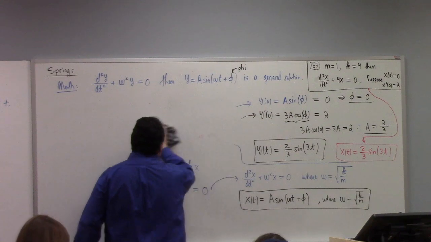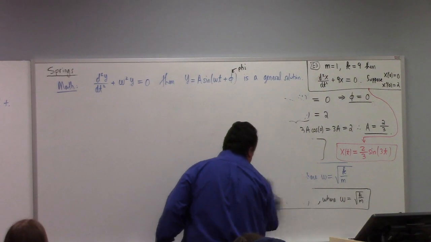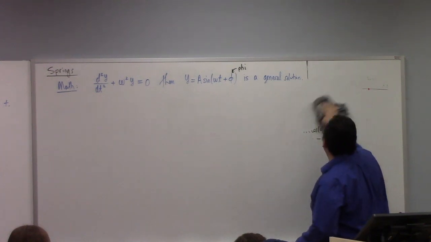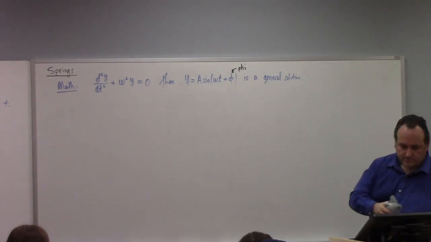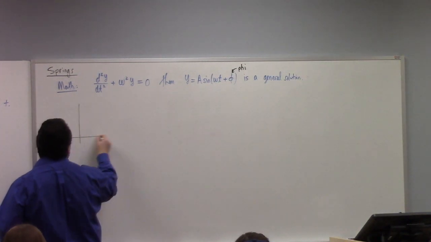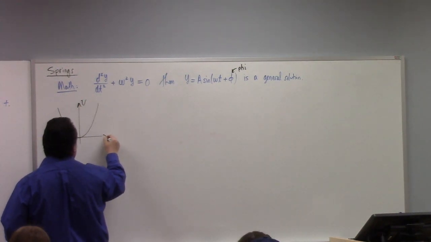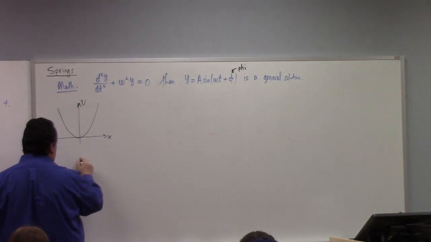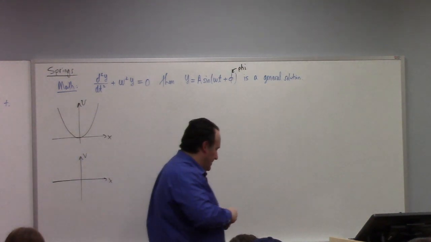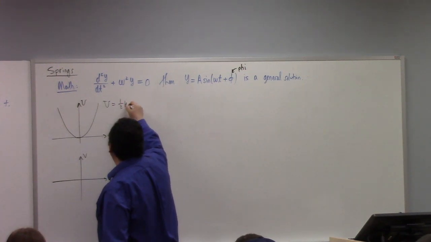So the energy diagram for the spring is really pretty simple, because what does the potential energy look like? So potential energy for the spring looks like this, right? If I draw right beneath it here the xv plane, here we're looking at U equals 1/2 kx squared.